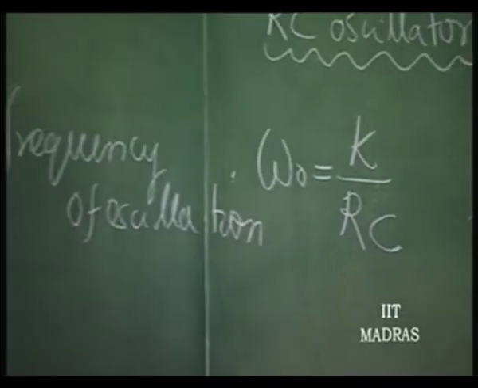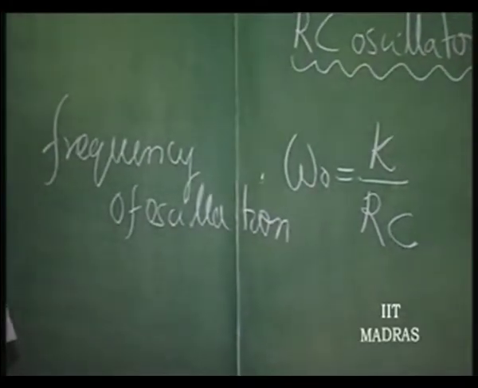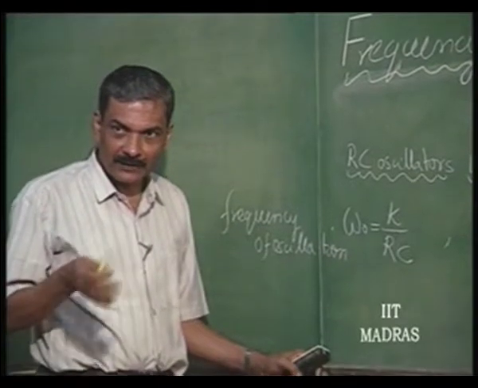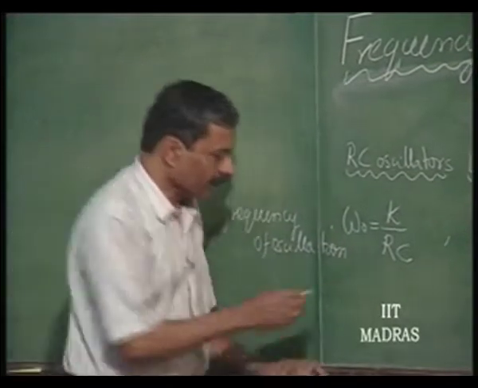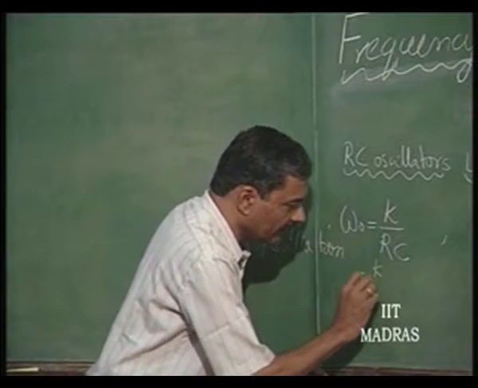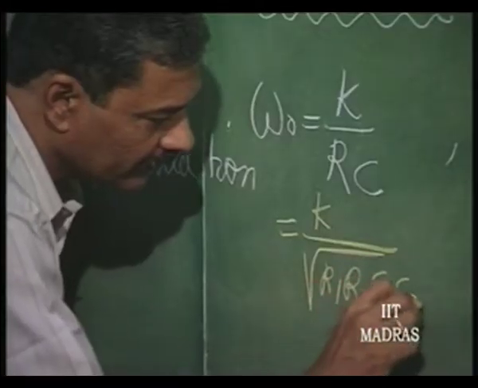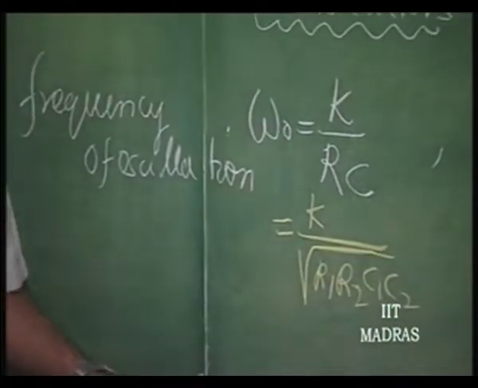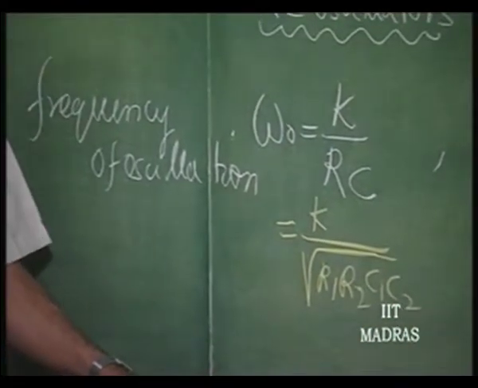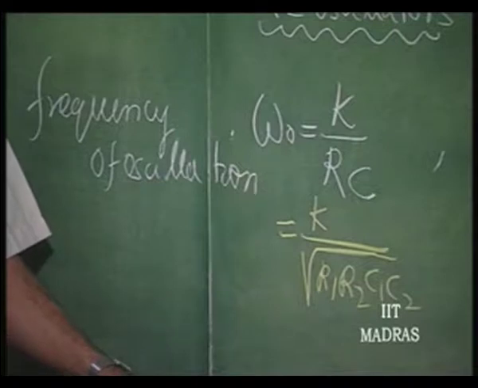You need a minimum of 2 RC networks, 2 time constants, in order to make any oscillator, not a single one. With a single time constant, you cannot make a harmonic oscillator, because second order is the basic requirement, as in a second order differential equation. So omega naught is K divided by root of R1 R2 C1 C2 for any oscillator, K differing depending upon the type of oscillator.